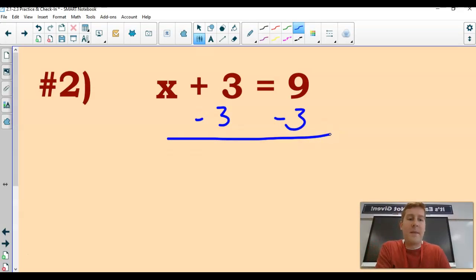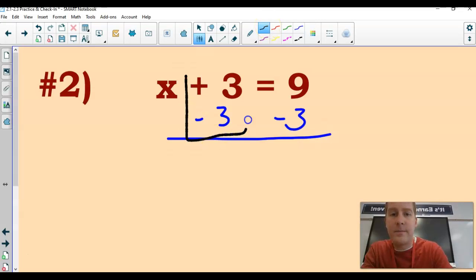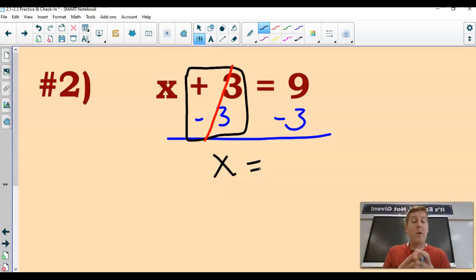So I'm going to subtract 3 from the left-hand side and subtract 3 from the right-hand side. The reason why is, if you simplify the left-hand side, what is 3 minus 3? That would be 0. So those cancel out, and we're left with just x. Remember, your equation is originally in balance.